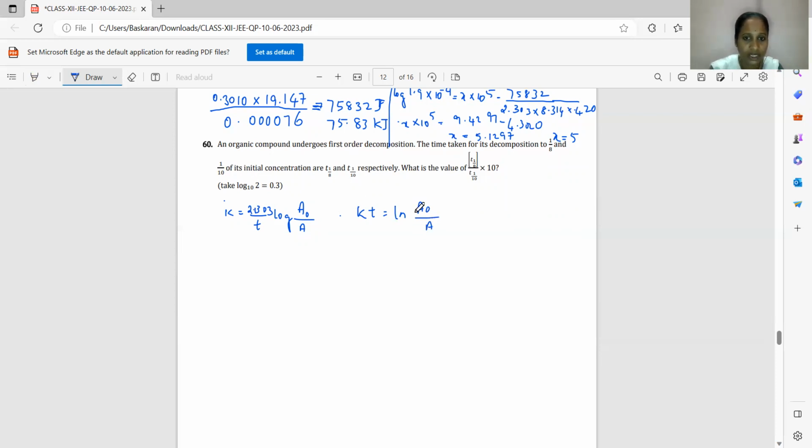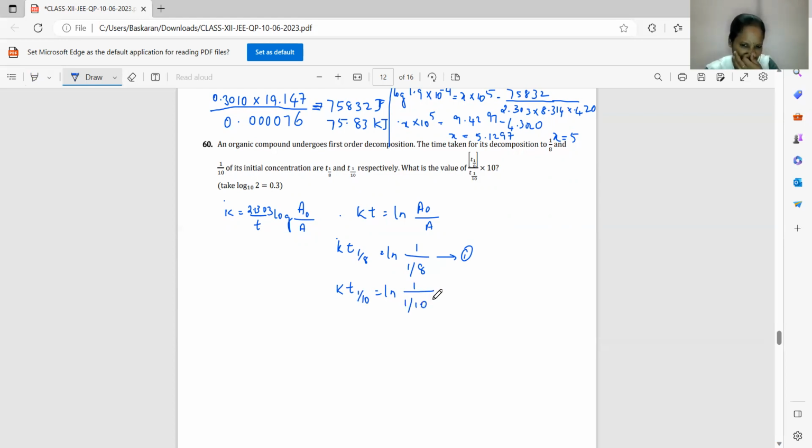Okay. Now we will write, by assuming t is for T1/8, kT1/8 is equal to ln, initial concentration is assumed to be 1, and here the value will become 1 divided by 1/8. So let this equation be 1. So similarly, you also write it for kT1/10, which is equal to ln 1 divided by 1/10.